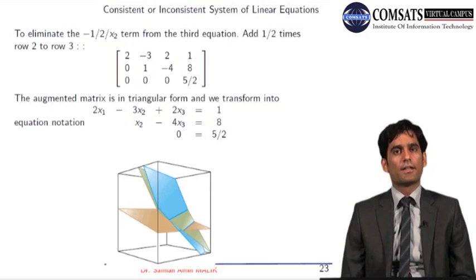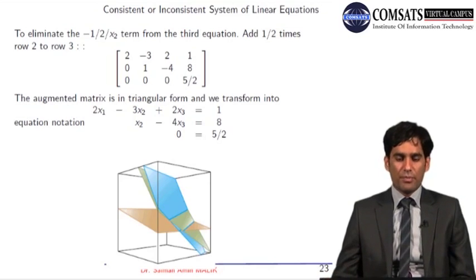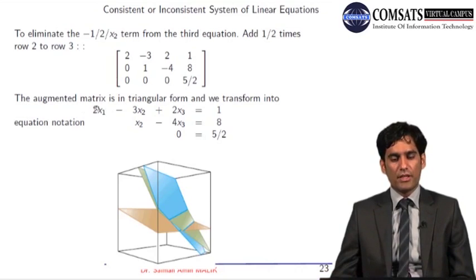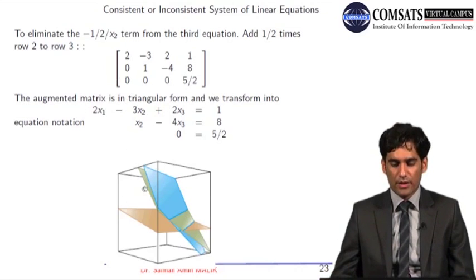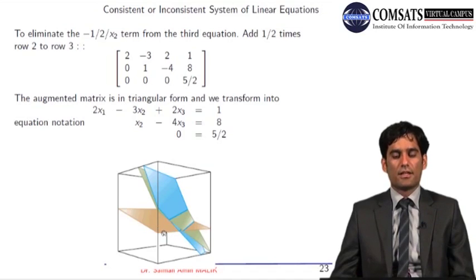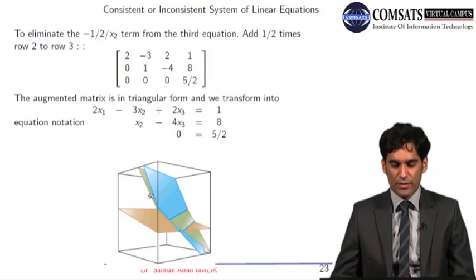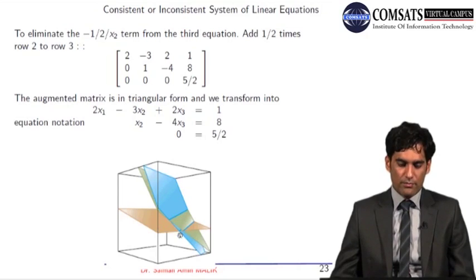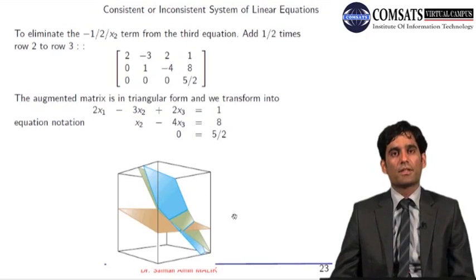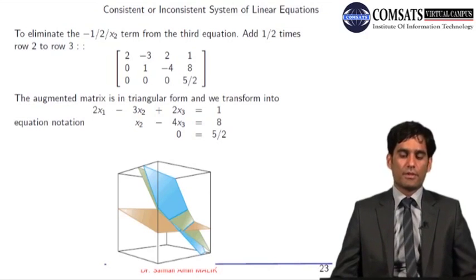So we conclude that our system is inconsistent, and geometrically it means the three planes corresponding to the three equations don't intersect at a unique point, as you can see in this figure. The intersection of two planes is this blue line, and the intersection of the other two planes is another line below these planes. They never intersect at a unique point, and we don't have a solution of the system of linear equations.